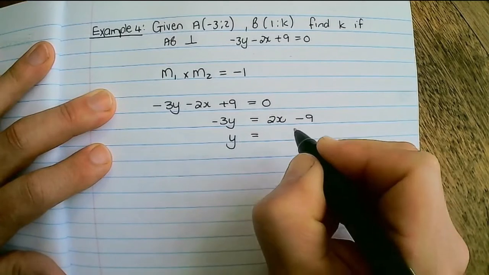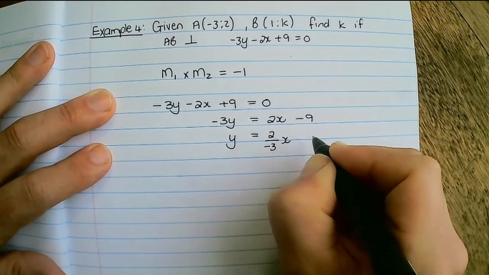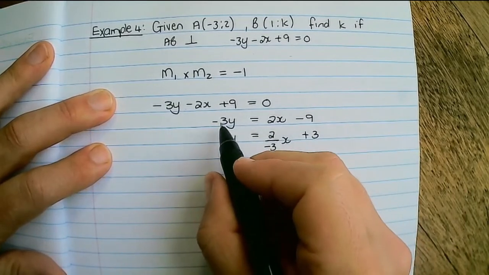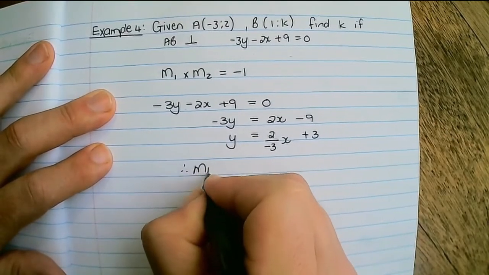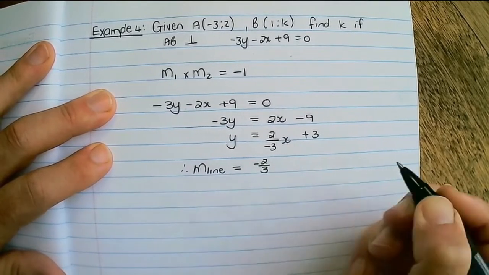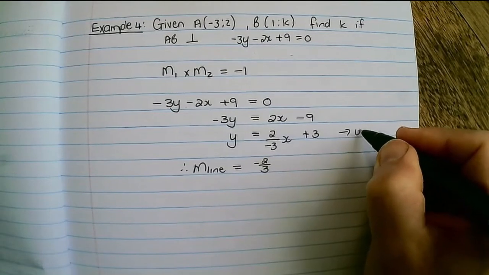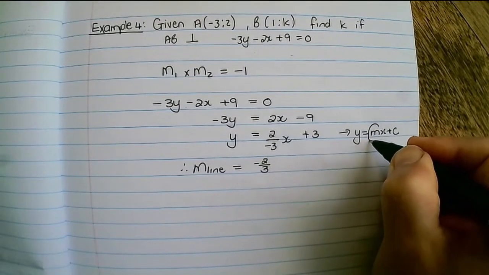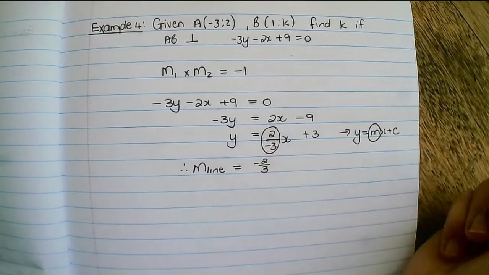So y is equal to 2 over -3 x plus 3. 9 divided by -3 becomes plus 3. Therefore, the gradient of the line is equal to -2/3. Remember, in standard form, y equals mx plus c, and the coefficient in front of the x is the gradient of the line.